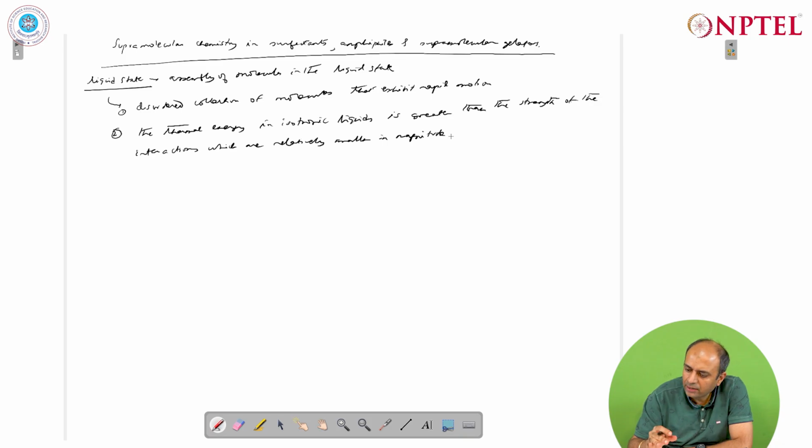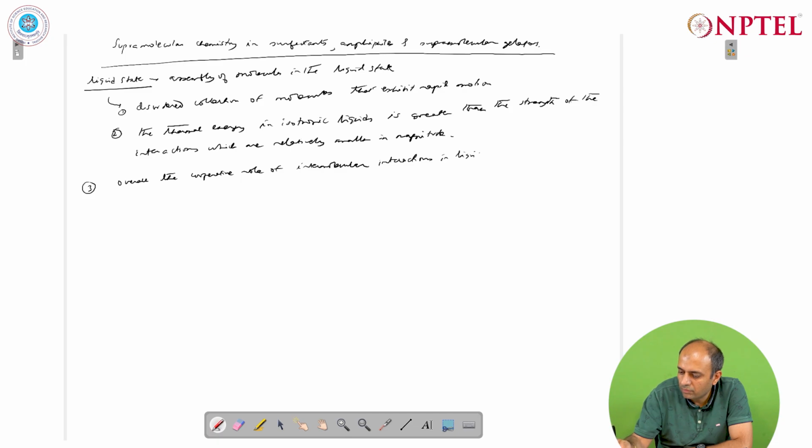In spite of the fact that the molecules exhibit rapid motion and the thermal fluctuations in the system are of sufficiently large magnitude, yet overall the cooperative role of intermolecular interactions is still of relevance.